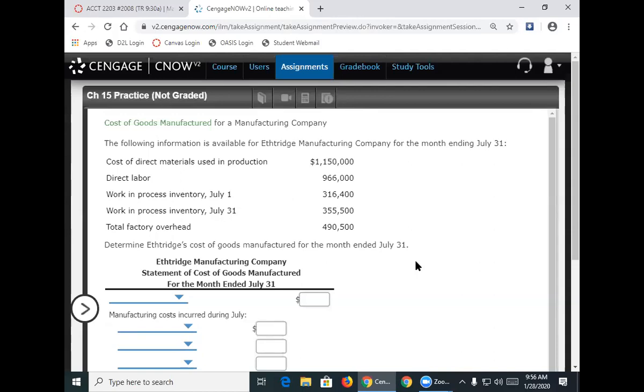So we always start with our beginning balance. Beginning balance, July 1st is 316,400. Okay. So we have a beginning balance. What costs get debited to work in process?